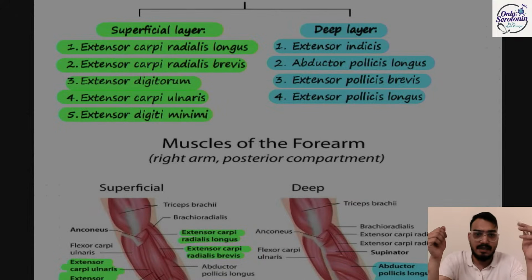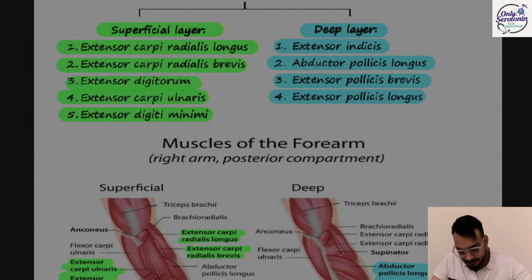Okay. In the deep layer, what we are having: extensor indicis, abductor pollicis longus, extensor pollicis brevis, and extensor pollicis longus. All extensors are on the posterior side of muscles. All flexors are on the anterior side. Great.